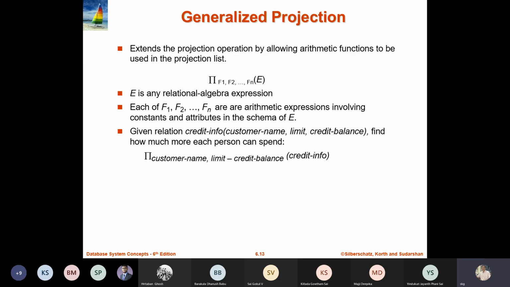Or if I have gross salary and the tax information of the employee, we can have the net salary expressed as gross minus tax and things like that. So giving arithmetic expressions is possible in this type of projection, which we call a generalized projection.